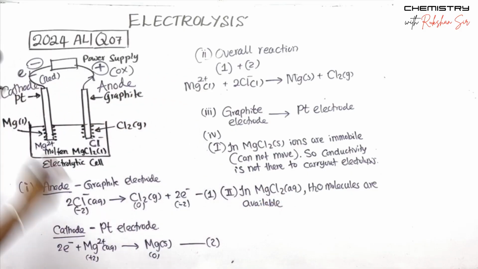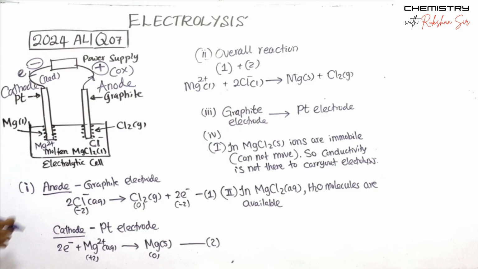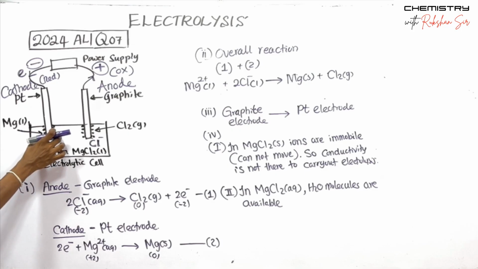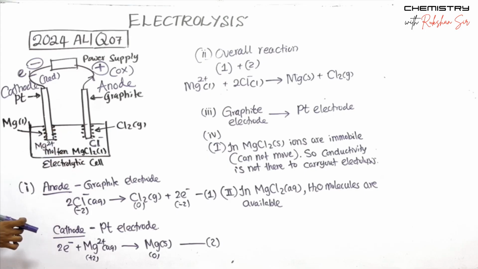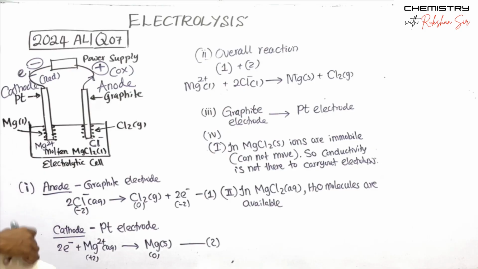So what will happen? The H2O will also approach the cathode, and H2O is the one which will reduce at the cathode, because hydrogen appears lower than magnesium, so hydrogen in the H2O will get reduced. So you are unable to extract the magnesium, as magnesium 2 plus is not going to react at the cathode. That is the idea.